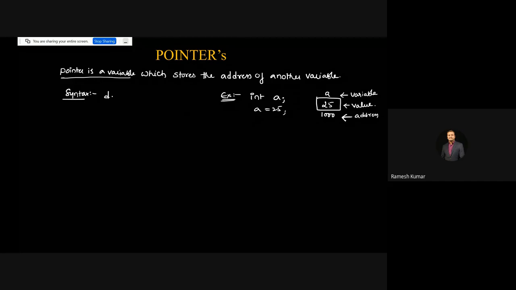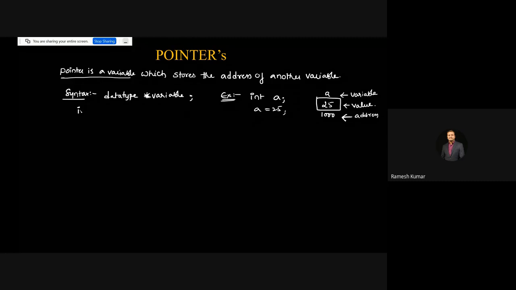The syntax is: data type, star, variable name. Here the star before the variable name indicates that it is a pointer variable, which stores the address of the data type that you mentioned on the left side.